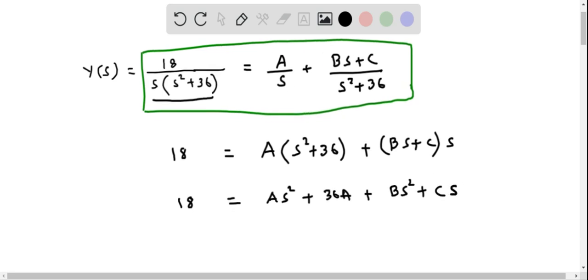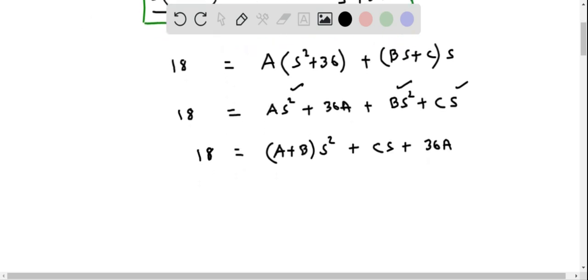Now on the right side we are going to combine the like terms, that is A s squared and B s squared are like terms. When we combine and factor s squared, we write this as (A plus B) times s squared, plus the second term, Cs, plus the third term 36A, and on the left side we have 18.